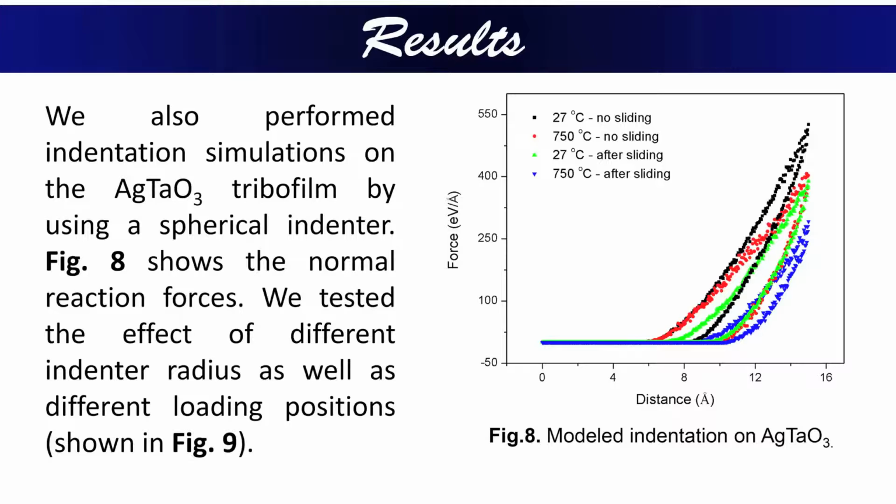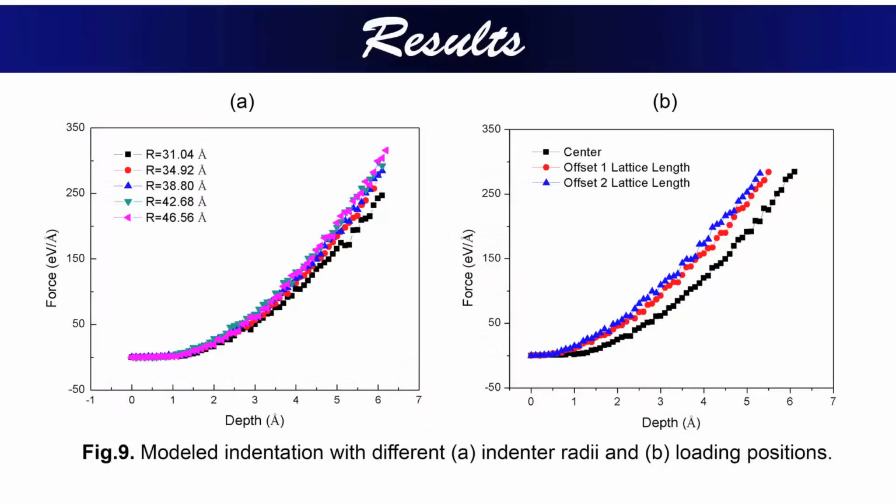To make sure that we get a reliable result from this nanoindentation test, we also did the sensitivity test. We measured different radii of the indenters and different positions where the indenters landed on the substrate. Figure 9a and b shows the result.